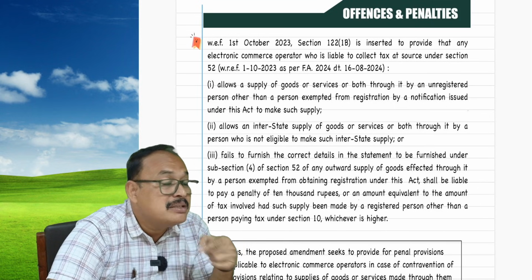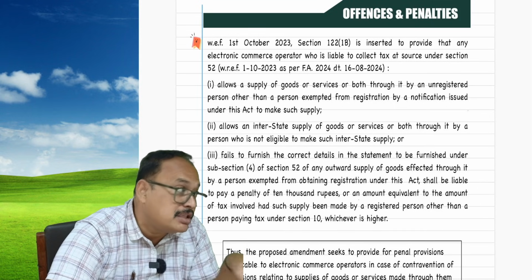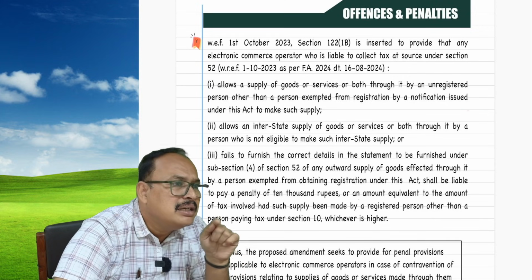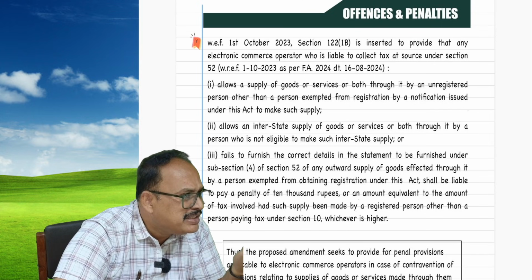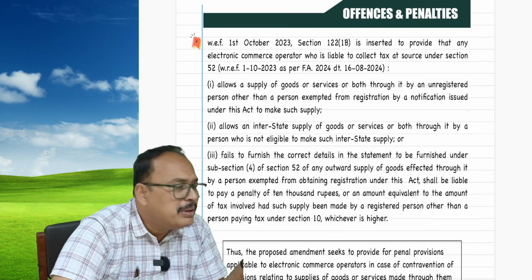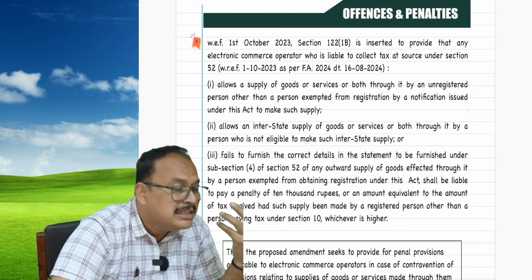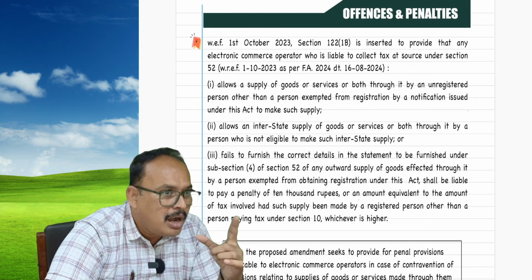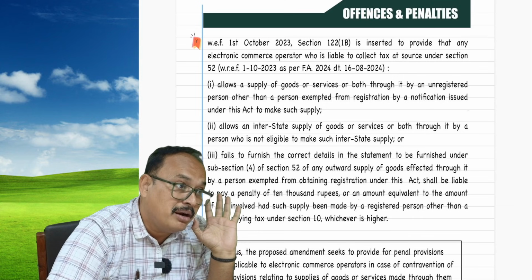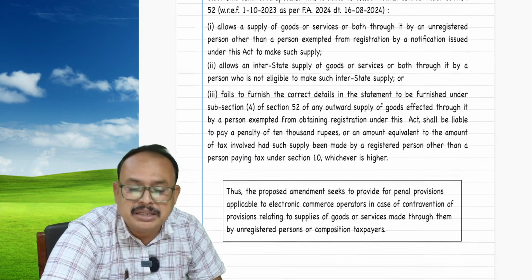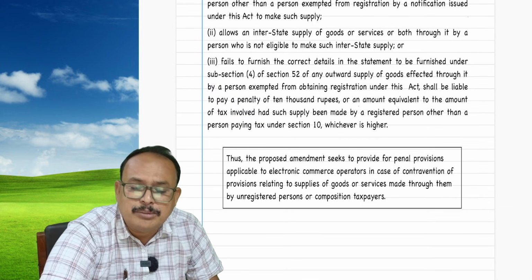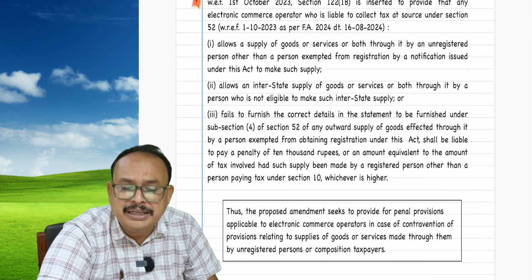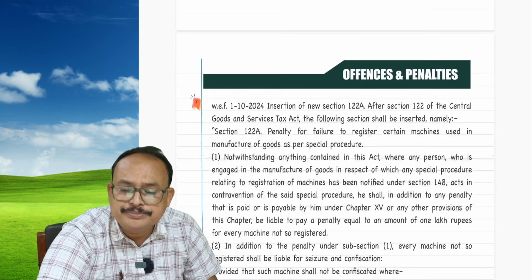If the unregistered person is supplying goods through an e-commerce operator, intrastate supply, is it allowed? Allowed. But that unregistered person should get a unique identification number and give it to the particular e-commerce operator. The e-commerce operator, when reporting in GSTR-8 return on a monthly basis, should report these transactions. On account of failure to do so, the operator is liable for penalty. Penalty here is equal to how much? Again, 100% of the tax amount on that particular person liable to pay penalty.